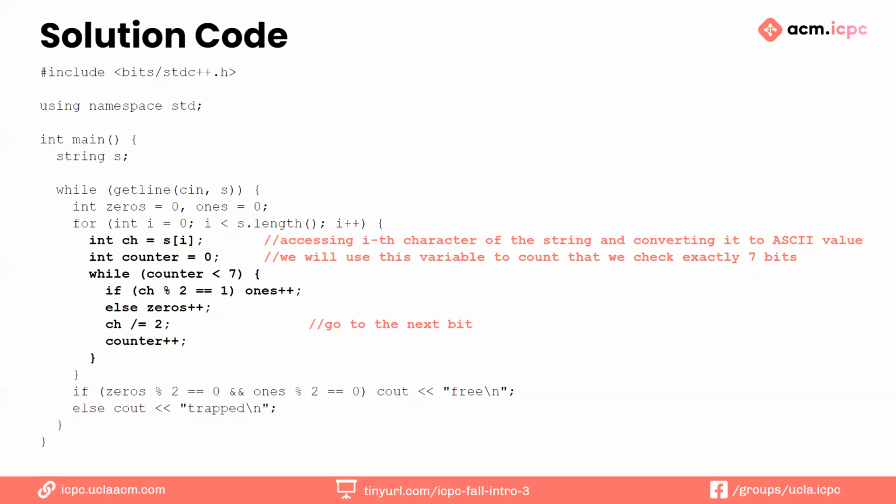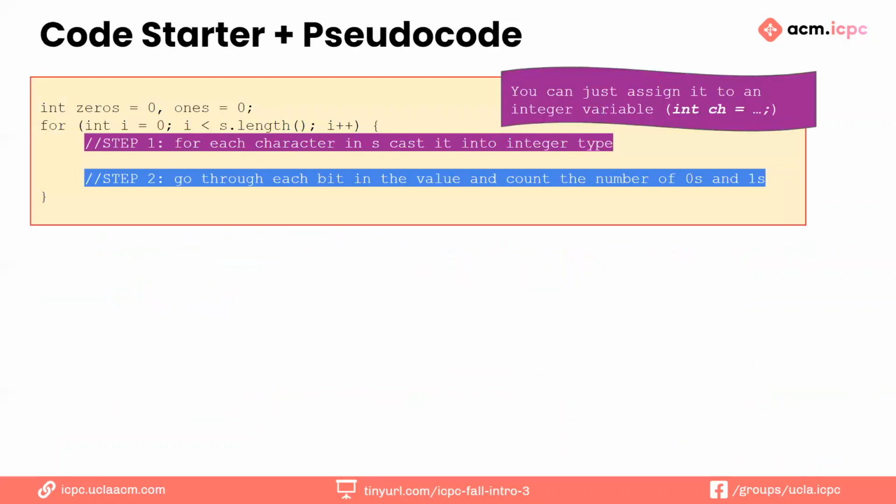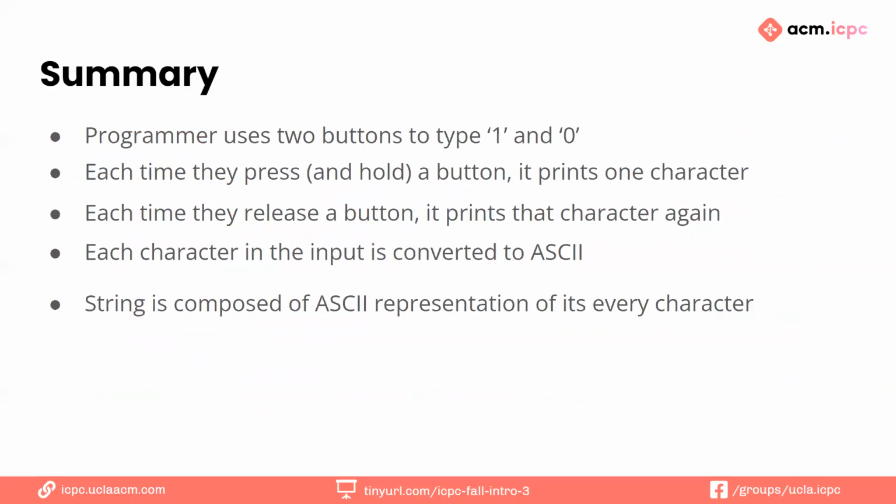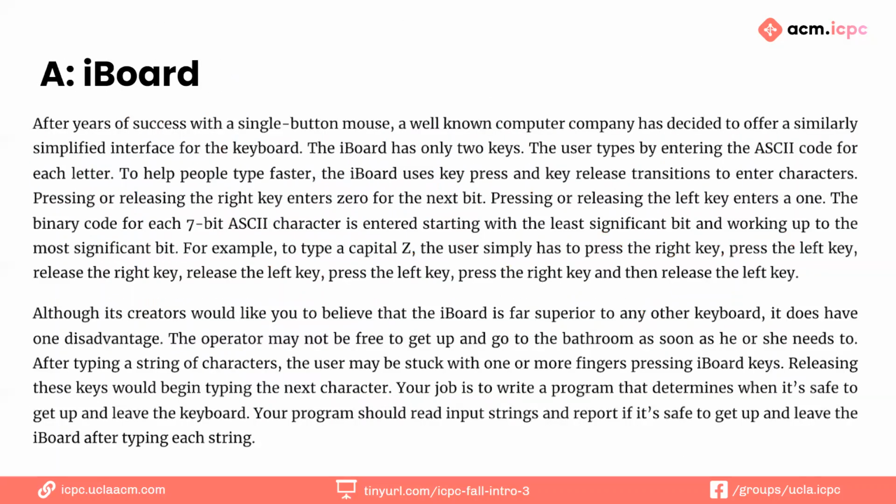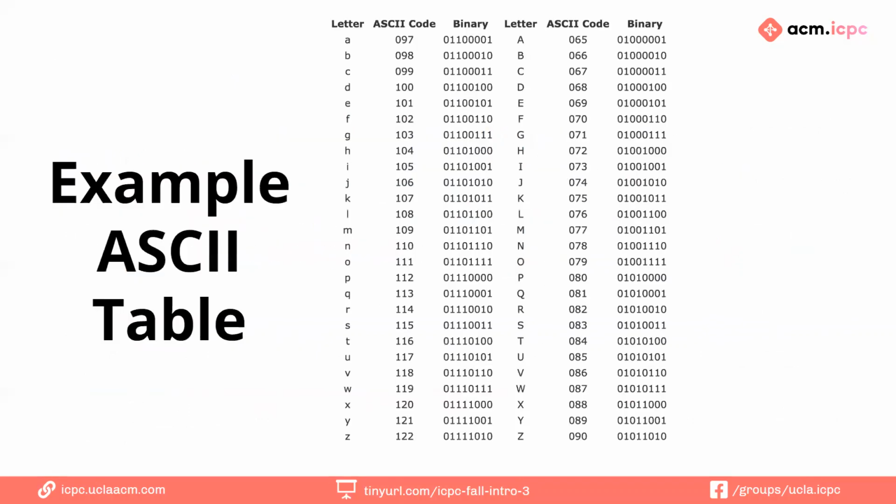Why 7 in the while? Yeah, that's a good question. Actually, in the problem statement, they say the binary code for each 7-bit ASCII character. So essentially, what they're trying to tell you is when you look at the ASCII table, you need the entire binary value.